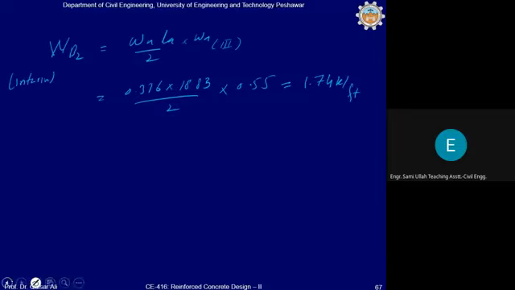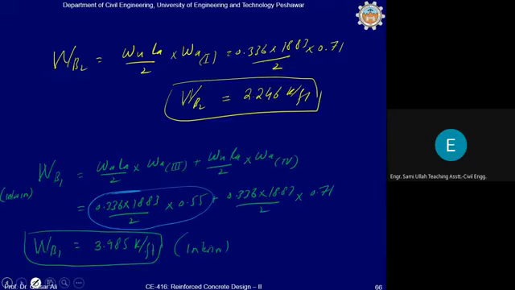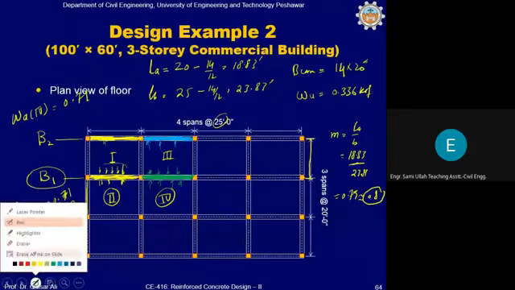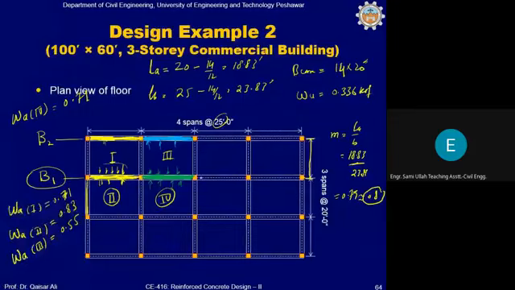So if you see these spans, they are the same. They are the two interior spans. You have already calculated load for these spans, and these exterior spans are also the same. So it means that you have basically calculated load on the full length of these two beams.